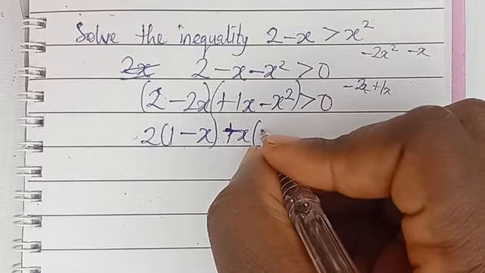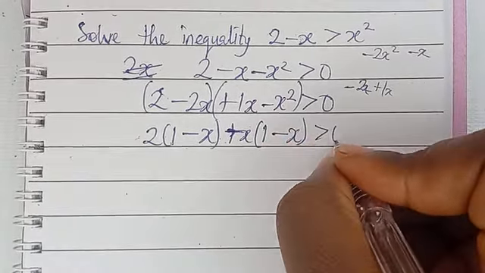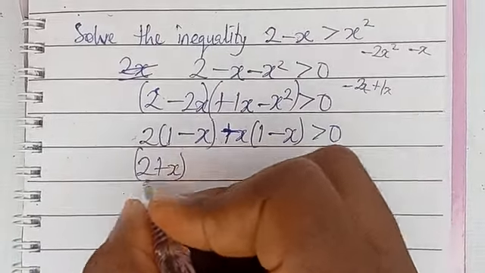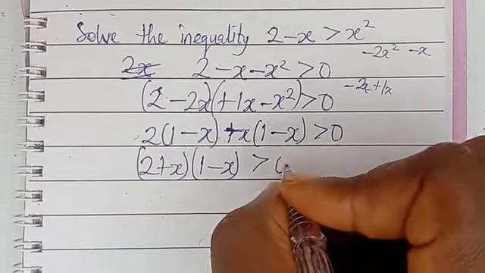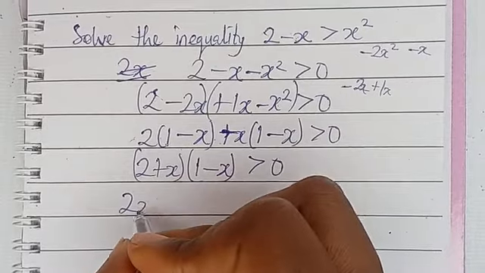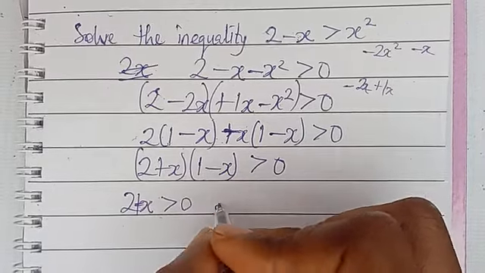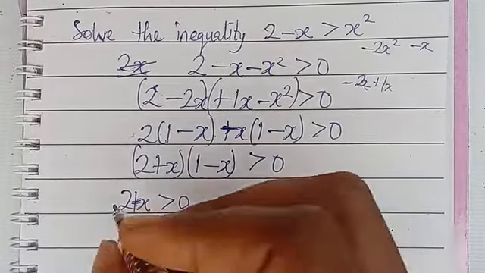And then we can now have 1 minus x greater than 0. We collect the outside terms, the inside terms, all greater than 0. We have that 2 plus x is greater than 0, or 1 minus x is greater than 0.